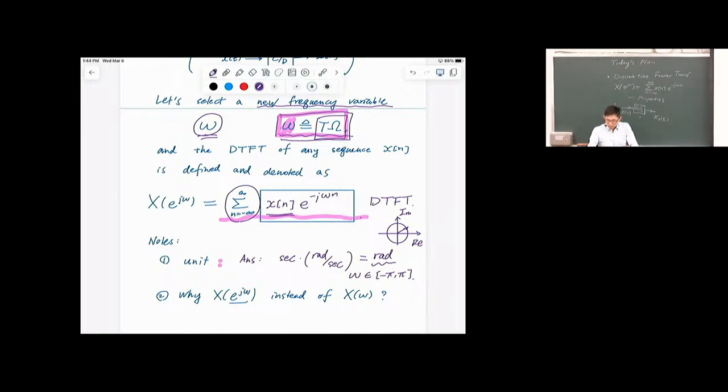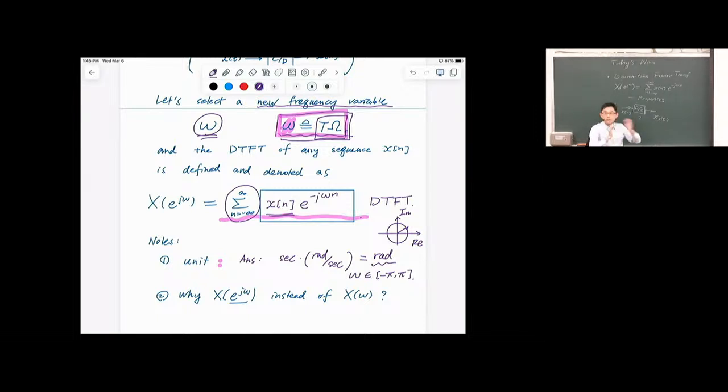But when we talk about unit, let me first point out that later we will just stick to this definition. We will hardly go back to the good old continuous Fourier transform.